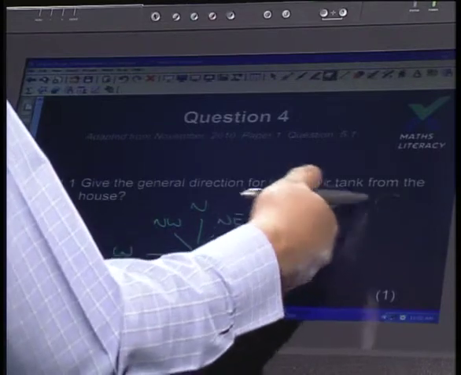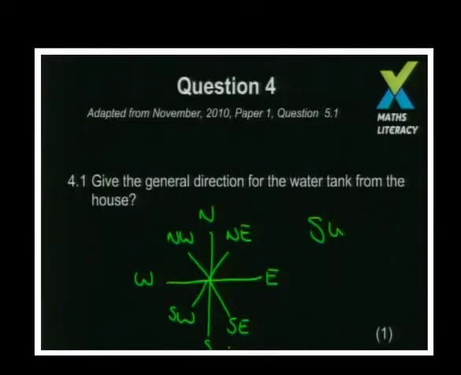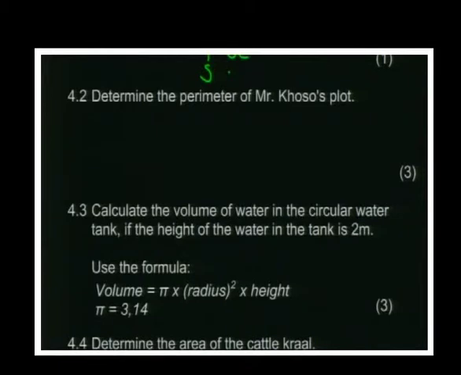So my answer is going to be in a southwesterly direction. Happy? Straightforward, and it was only worth 1 mark. So I knew there wasn't a lot of work involved. In fact, chances are I just needed to give a 1-worded or 2-worded answer. And my answer, southwest. Next question.